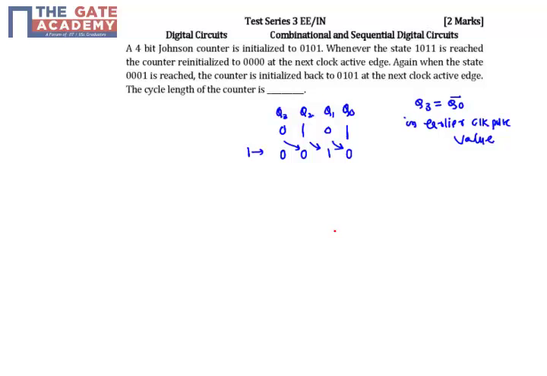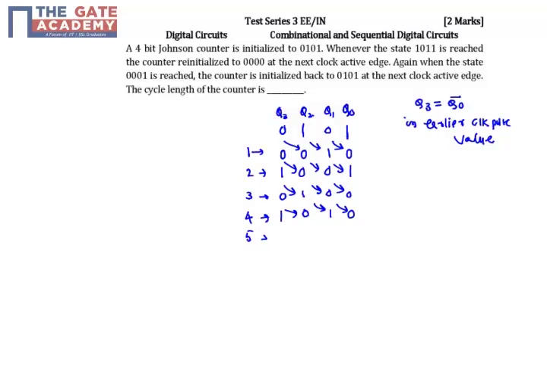to all zeros. So second clock pulse, so this is 0 0 1, 0 complement is 1. Third clock pulse, 1 0 0, 1 complement is 0. Fourth clock pulse, 0 1 0, here 0 complement is 1.